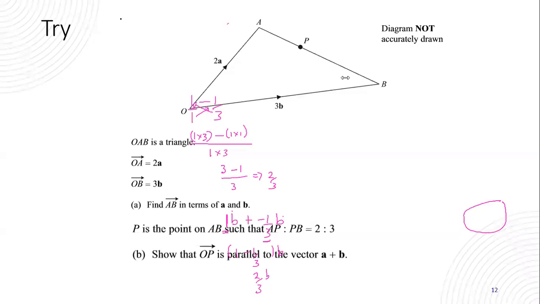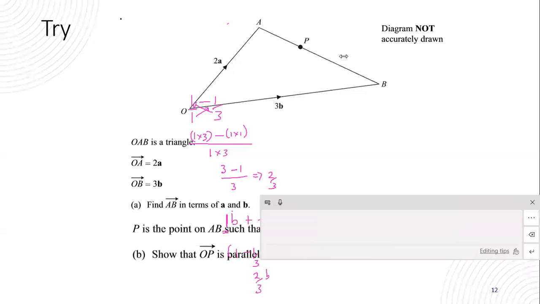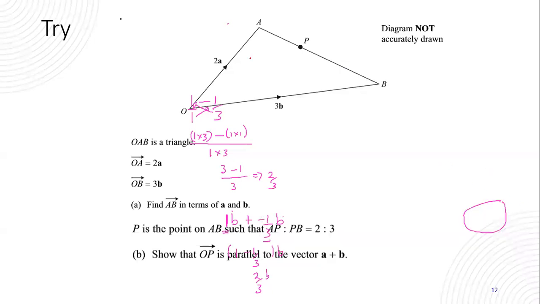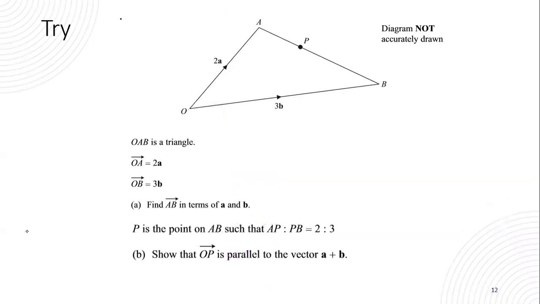Oh, I didn't pick your question very well. Just okay. AP over BPB is 2 over 1. Okay. Multiply. Okay.